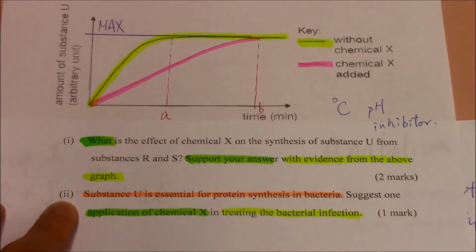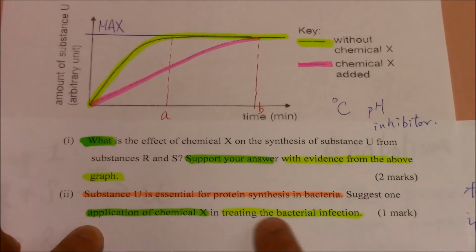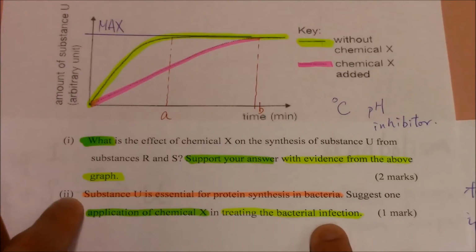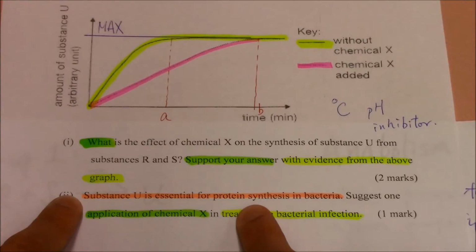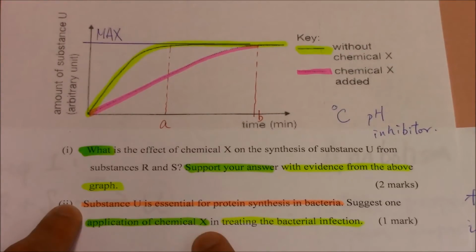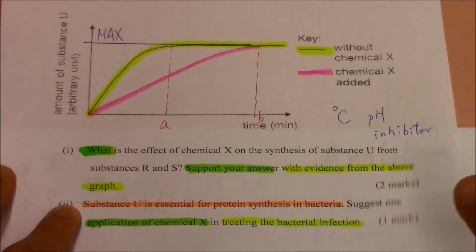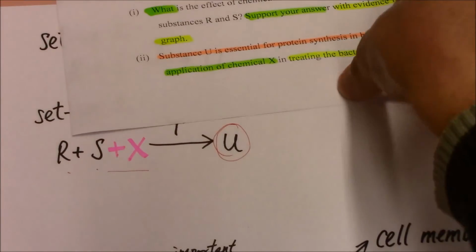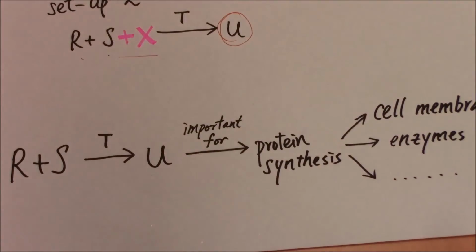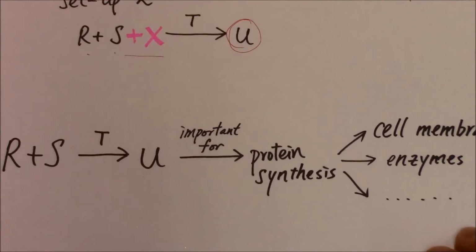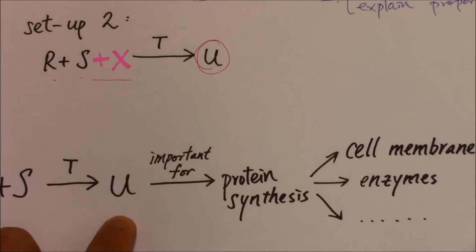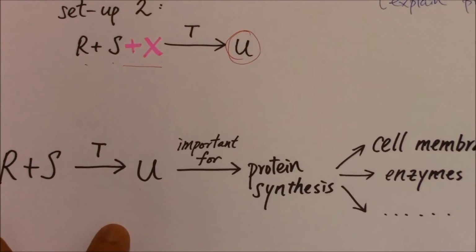So how can we apply chemical X to fight against the bacteria infection? 如果我哋知道 substance U 係咁重要，俾啲細菌攞嚟整蛋白質嘅話啦，咁究竟我哋去利用呢個 chemical X，點樣可以對付隻細菌嘅感染呢？So you can see that for this figure, R plus S with the enzyme T, and then we will get the substance U. And substance U is very important for the protein synthesis.